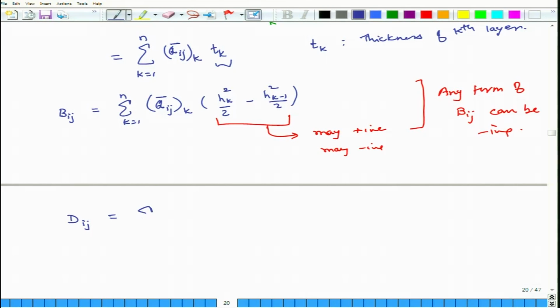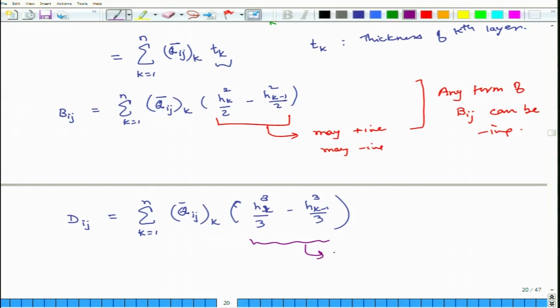And finally, we look at Dij. Dij is the sum from k equals 1 to n of Qij, for the kth layer, of course with a bar, times hk cube by 3 minus hk minus 1 cube by 3. Now, this number is always positive.